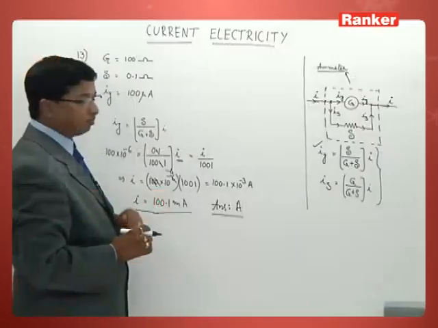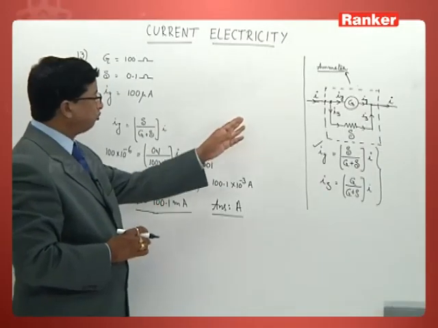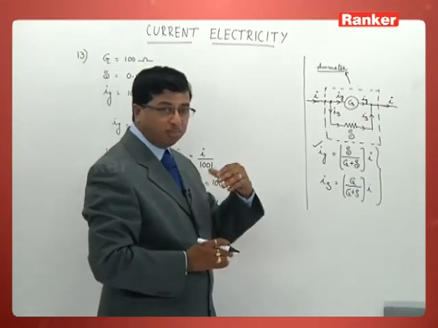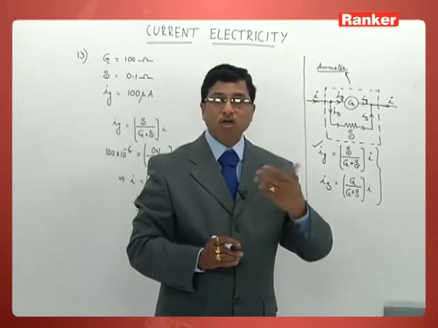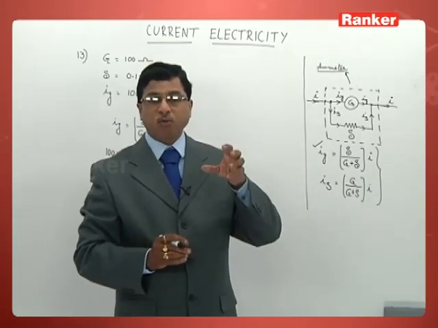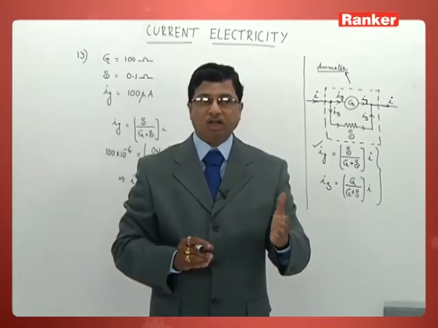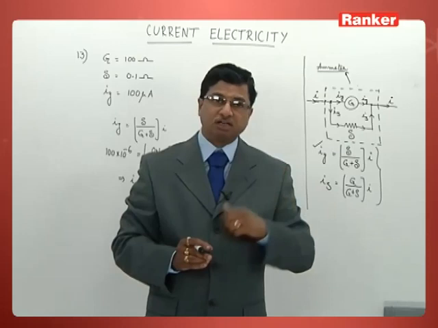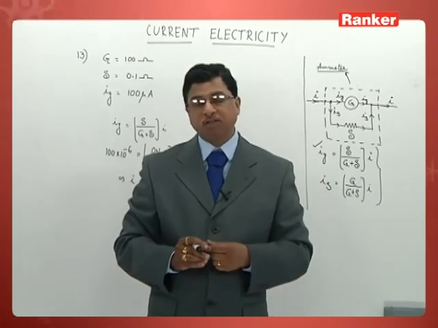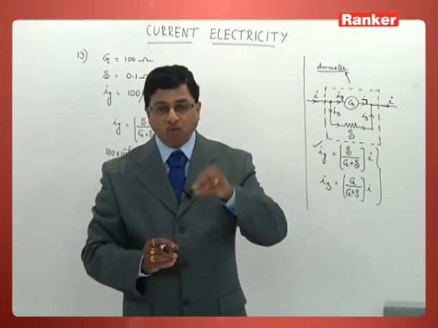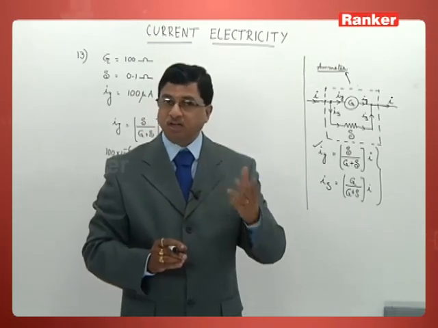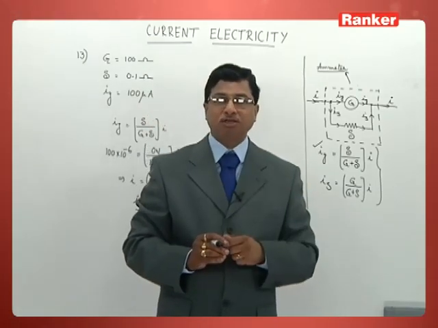That is the concept. So everybody should have the concept of ammeter and voltmeter, which we get when a galvanometer is connected across a resistance. Ammeter means what is the condition? A very low value of resistance is connected in parallel to the galvanometer.